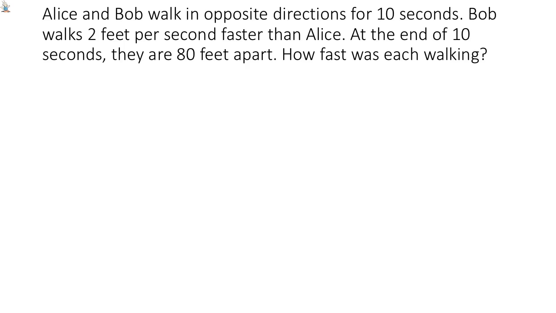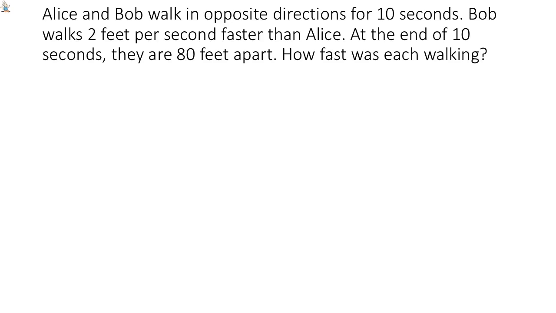As with any word problem, it's important to start by getting a handle on what it is they're asking us to find. In this case, they want us to know how fast was each person walking. And so what we can do is make up a variable to represent the thing we're trying to find.